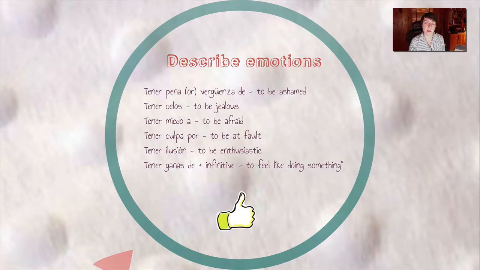We describe emotions with tener as well. So we're thinking of tener as the obligation verb and also as the feeling verb. We'll do this in first person as well. Stop the video anytime you need to reflect or repeat the phrase again for yourself. Repita por favor. Tengo pena. Or tengo vergüenza.